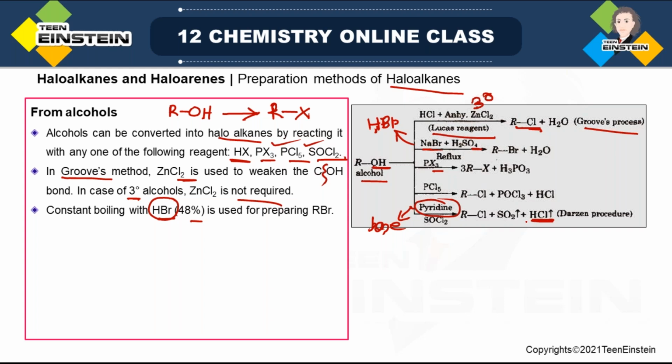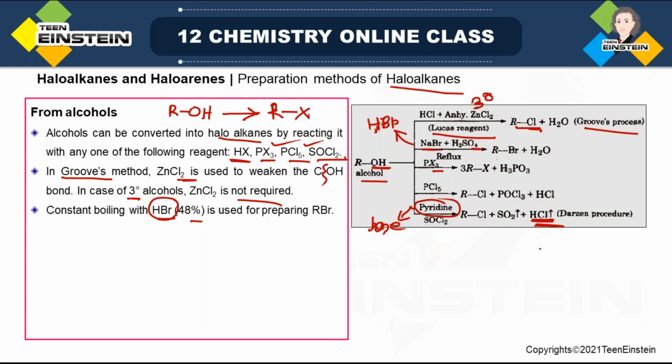When the byproduct is removed, according to Le Chatelier's principle, if a system is in equilibrium and you change conditions like concentration, pressure or volume, the system will try to counteract the change. So when HCl is consumed by pyridine, since HCl is produced on the right-hand side, the equilibrium shifts more towards the right.